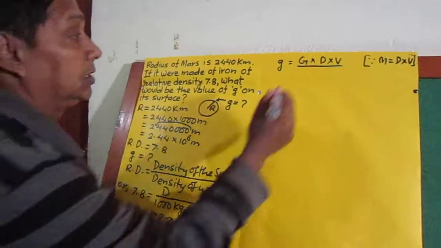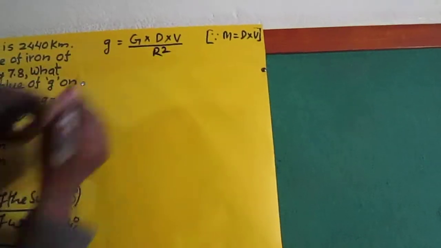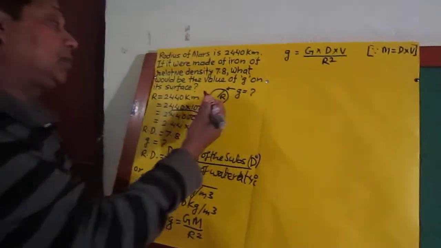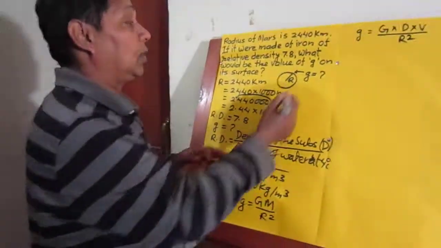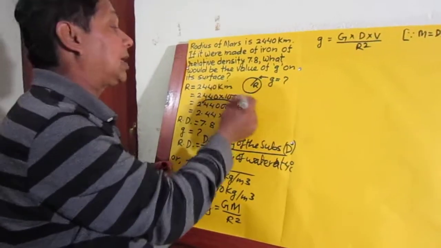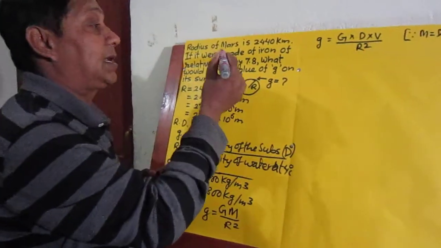And in the denominator we have the square of the radius. But the volume of this planet is also missing. Since volume is missing, we can consider the volume of this mass as a sphere.